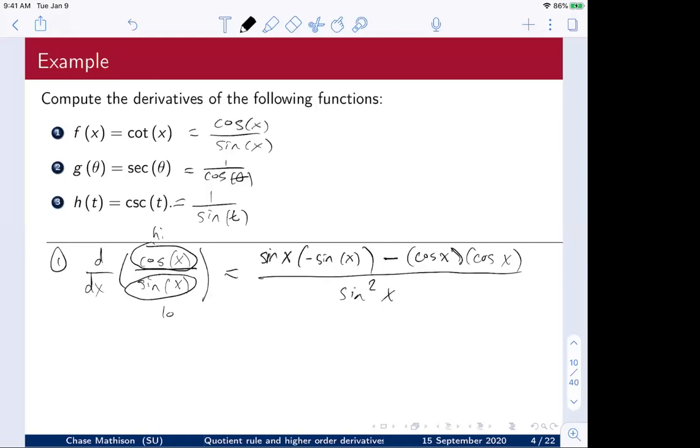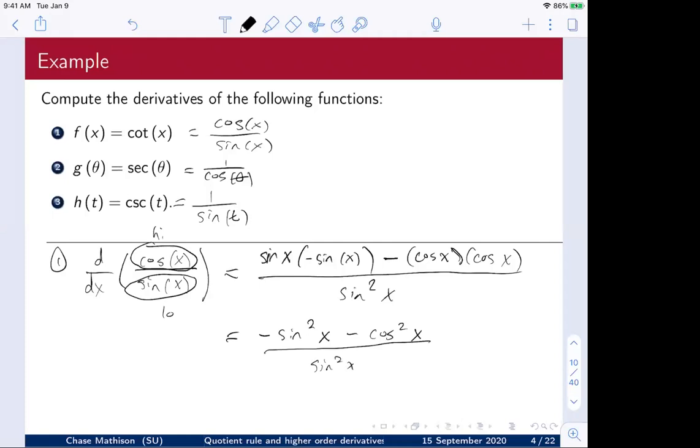So this is equal to, well, sine of x times negative sine of x, that's negative sine squared x, right? And then minus cosine of x times cosine of x, well, that's minus cosine squared x. And then I divide by sine squared x still.